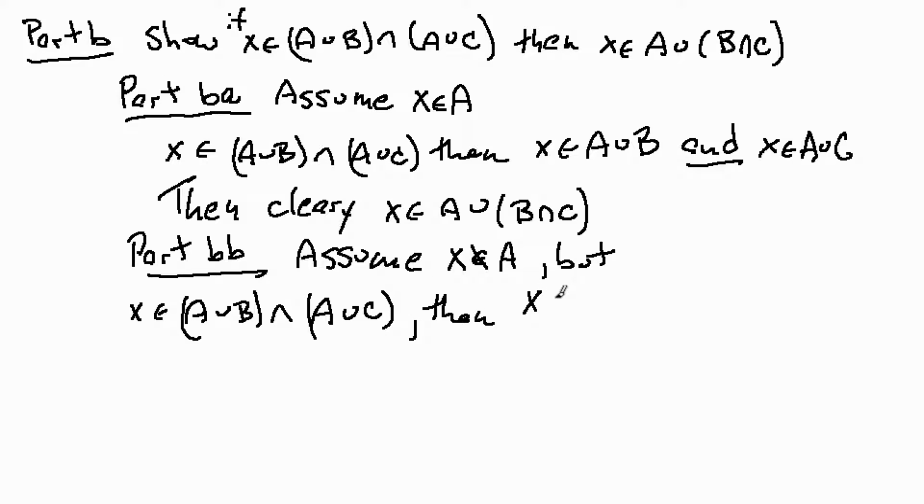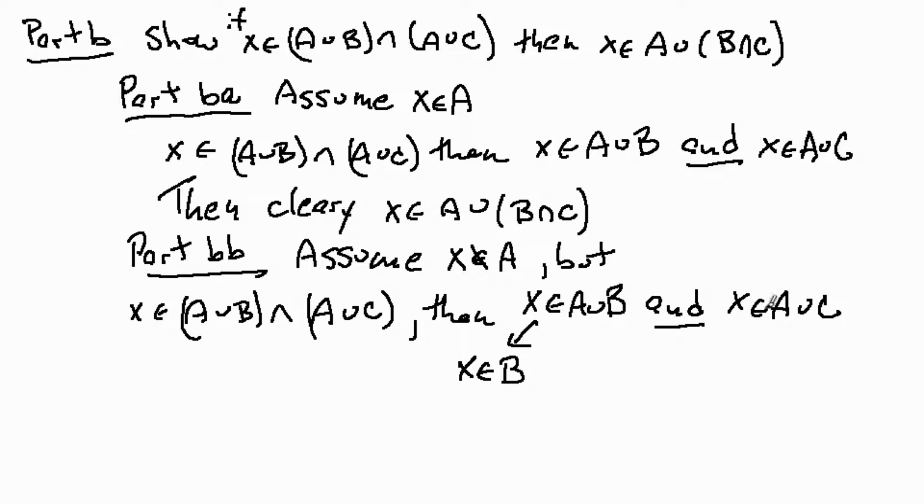Then X is contained in A union B and X is contained in A union C. But if X is not in A and X is in A union B, this tells me that X is in B. And if X is not in A but X is in A union C, this tells me that X is in C. Okay, so I have X is in B and X is in C. These two things together would tell me that X is contained in B intersection C.